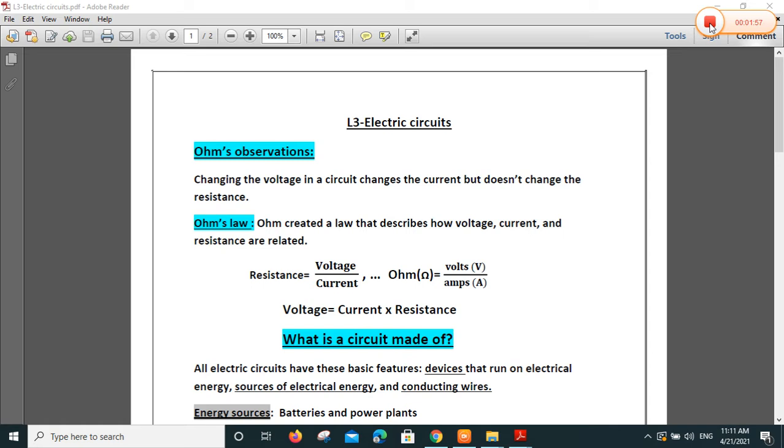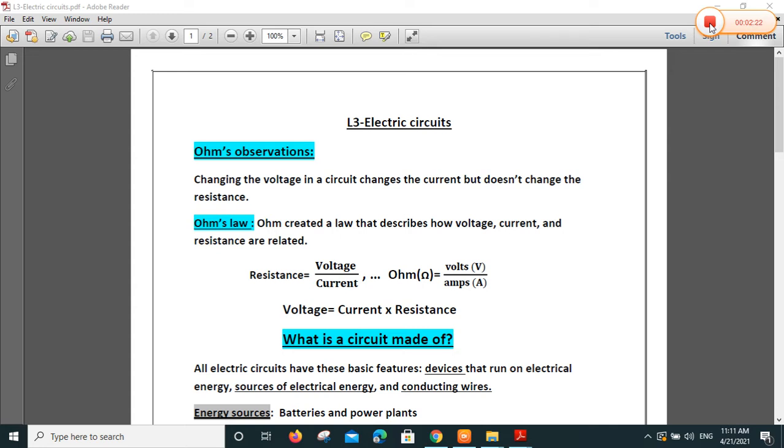So Ohm observed that when the voltage in a circuit changes, the current changes. Changing the voltage in a circuit changes the current, but does not change the resistance.